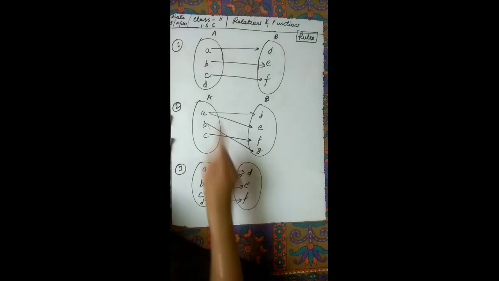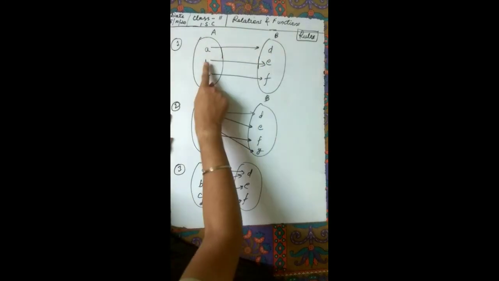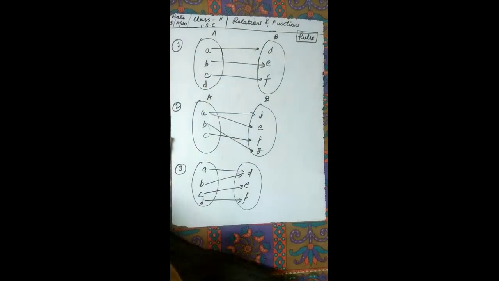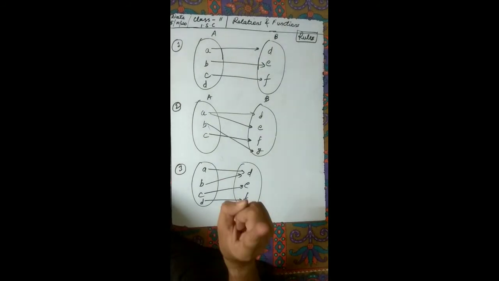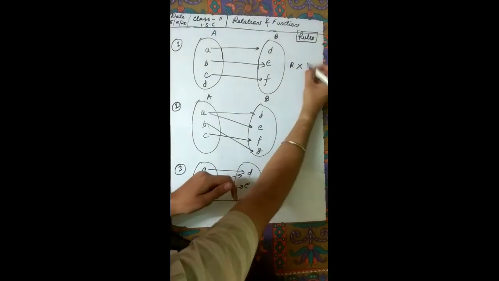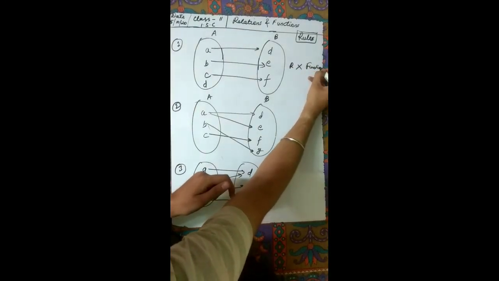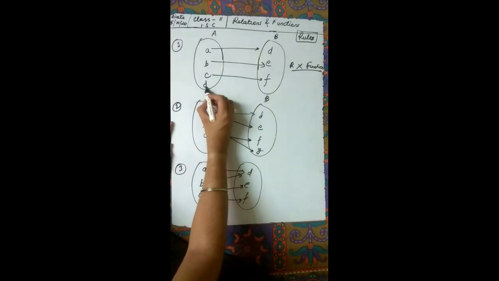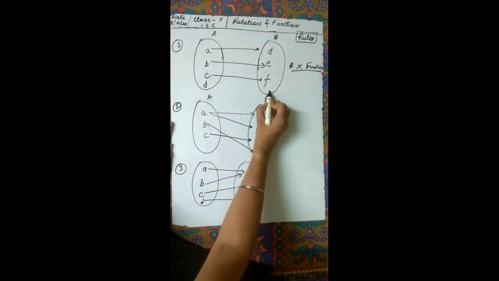Now A is related to D, B is related to E, C is related to F. Now this D is left behind. So this relation cannot be a function. This is the first rule you have to keep in mind. This relation cannot be converted into a function, because one element is left behind. It has no image in set B.